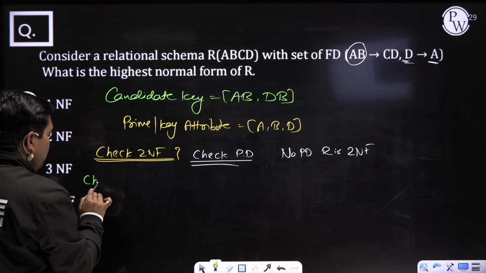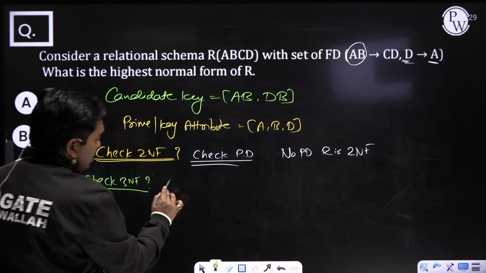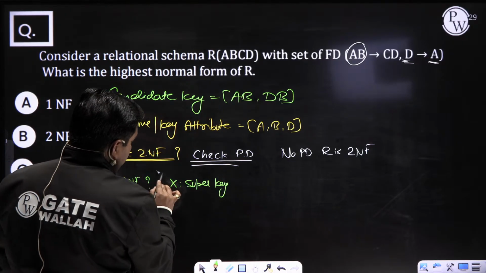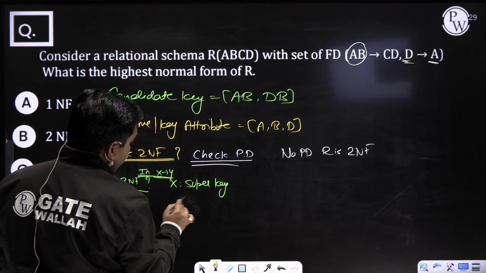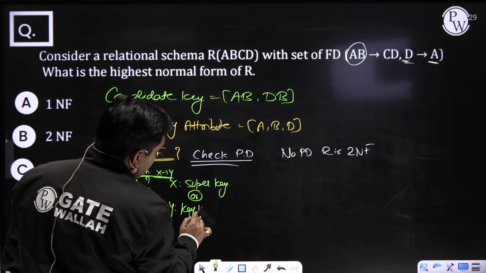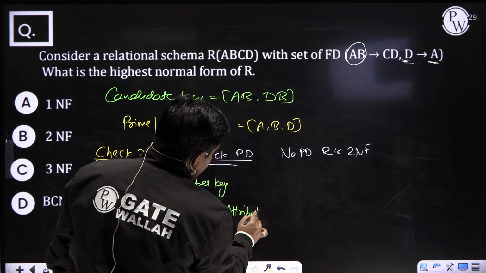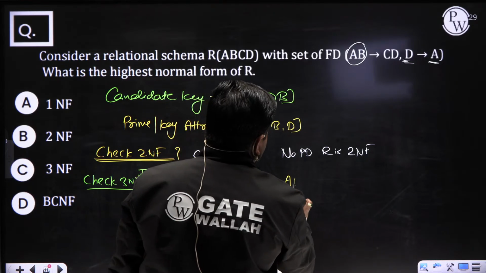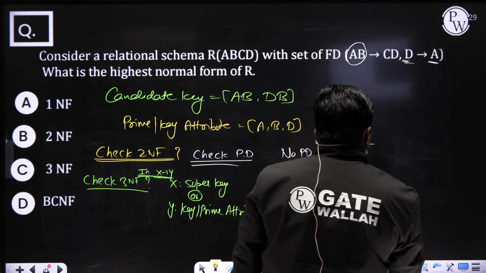Now check for 3NF. How do you check? In X tends to Y, either X is a super key or Y is a key or prime attribute. Yes or no? So you can see here in AB tends to CD, AB is super key.